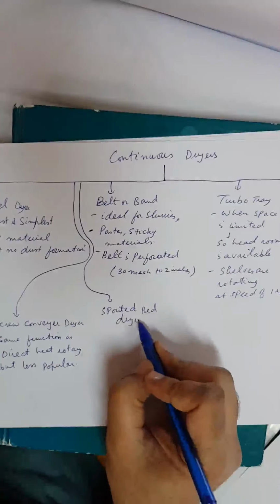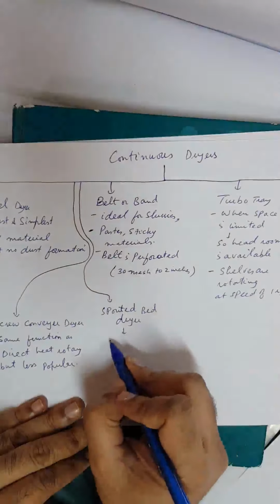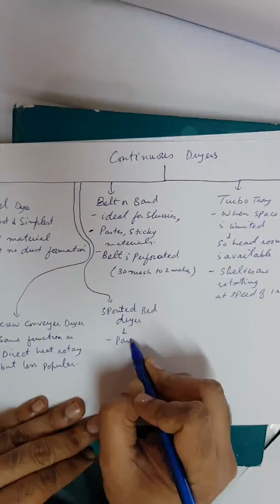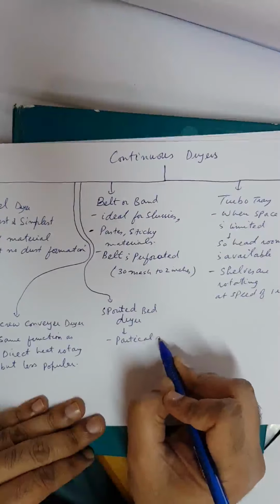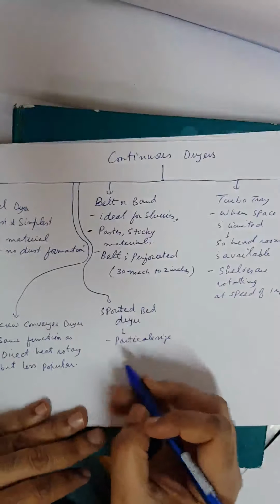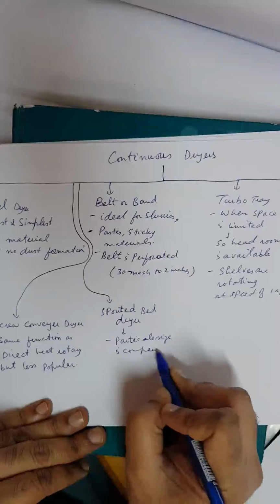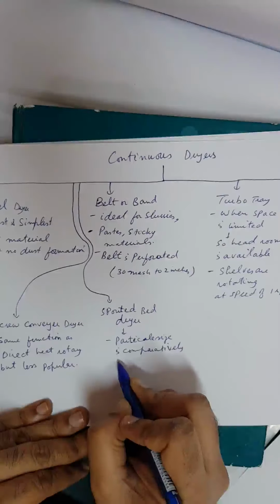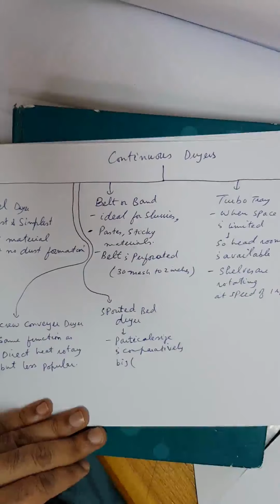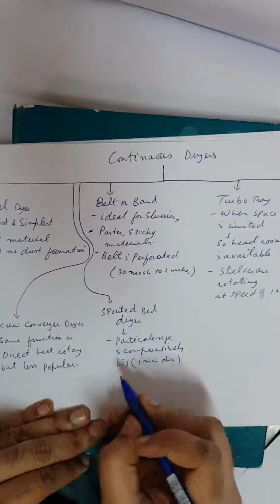The spouted bed dryer is used for big particle size, comparatively big, about 1 millimeter diameter.